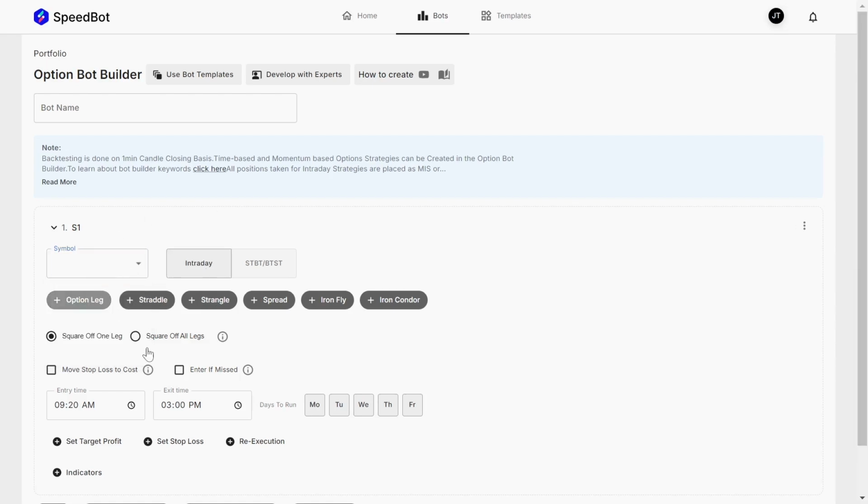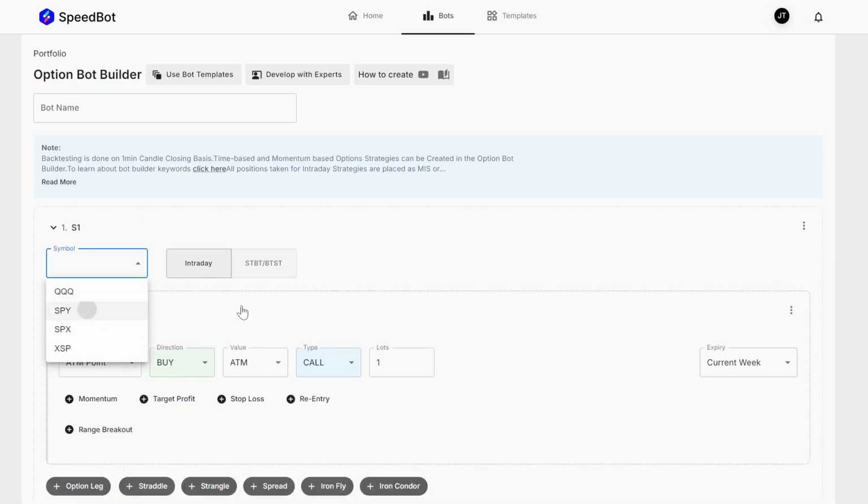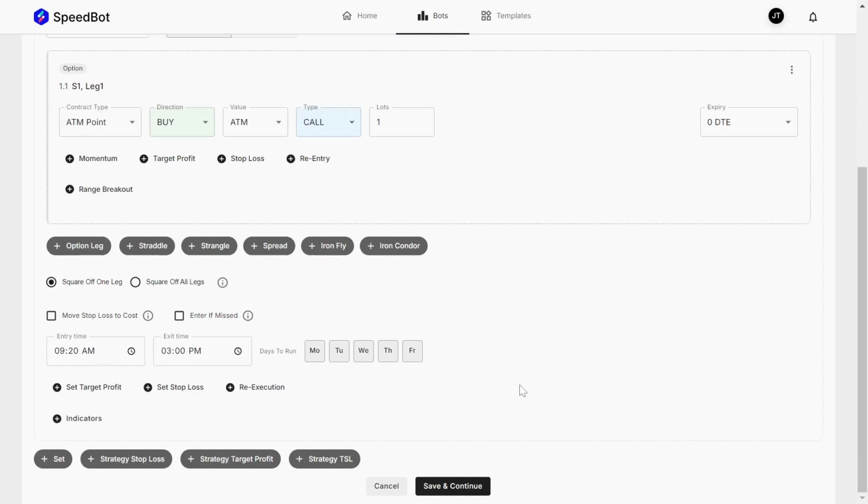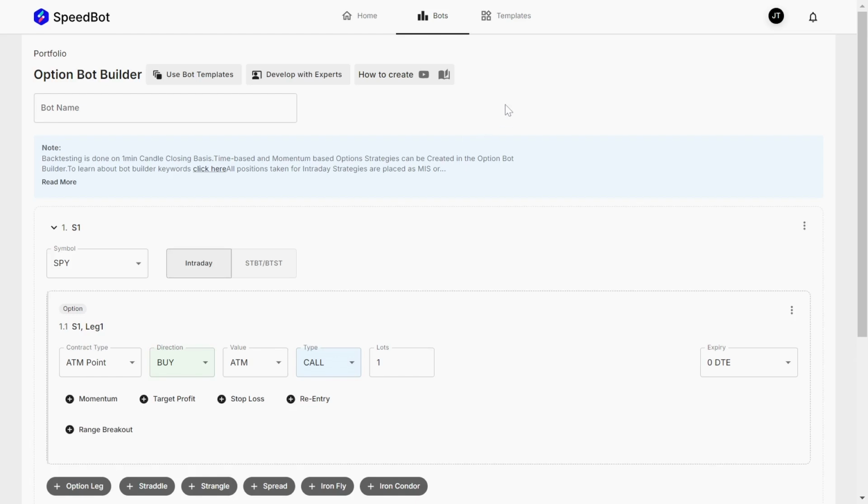So whatever leg that you define, maybe if I go for SPY, whether I would like to go for the 0 DTEs or 1 DTEs, then I'll be able to select the expiry and whatever time that I would like to define, maybe at 9:35. So based on that, I'll be able to create the bot and also test it on the historical data, right?